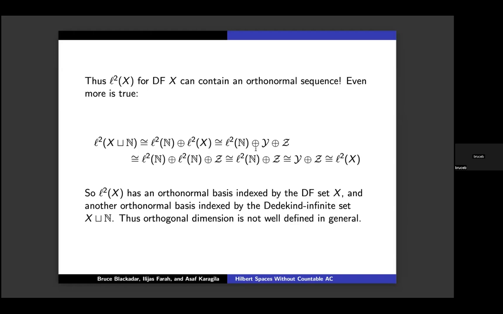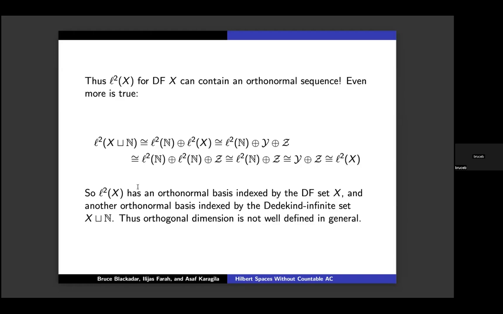And you split up the L2 of X into Y and Z, and you get 2 copies of L2 of N, which you combine into 1 copy. So L2 of N is isomorphic to the direct sum of 2 copies of itself. And so you end up with that this L2 space is isomorphic to L2 of X.